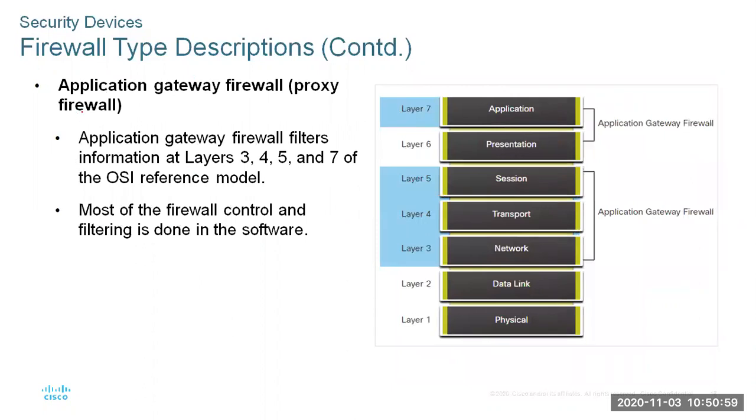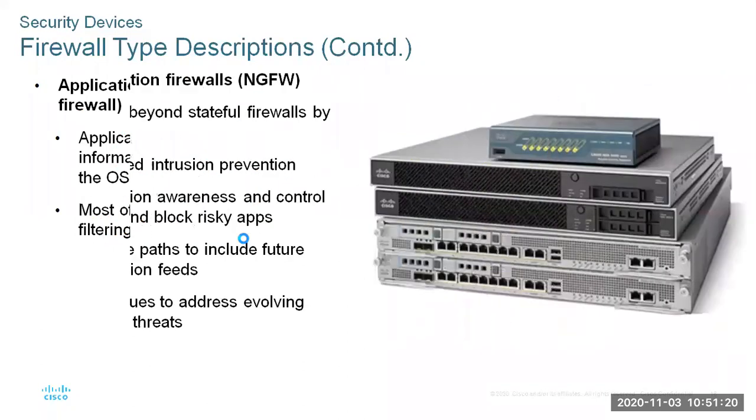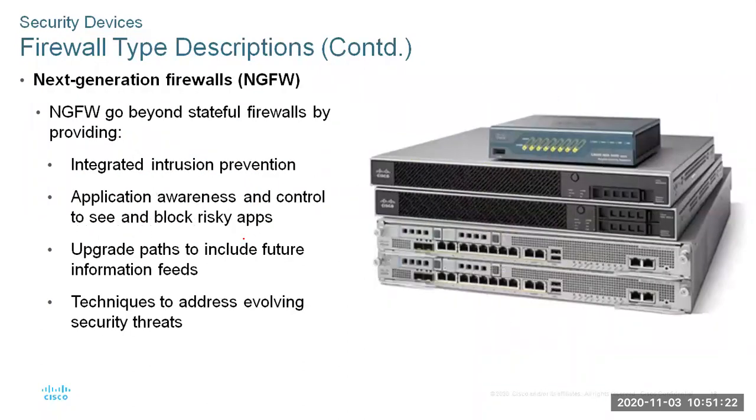Then we also have the application gateway firewall, which filters information at layers 3, 4, 5, and 7. Most of the firewall control and filtering is done in software. We also have firewall types like the next generation firewall, the NGFW.